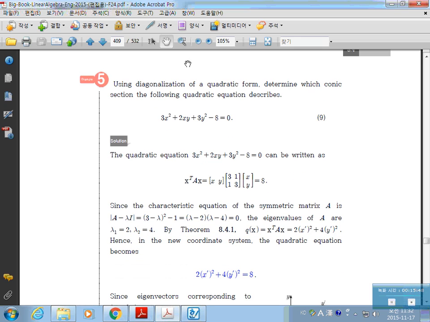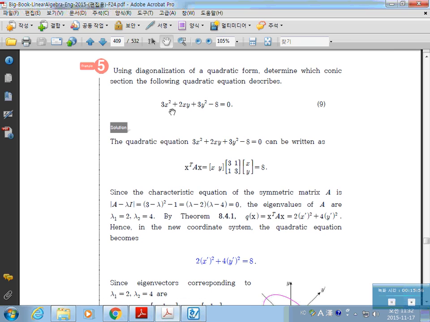Here's the example. Using diagonalization of a quadratic form, determine which conic section the following quadratic equation describes. Here, we only concentrate on this part. So this can be written in this way, which can be written in this way. This should be equal to 8, and this side can be written as X transpose AX, where A is the symmetric matrix.